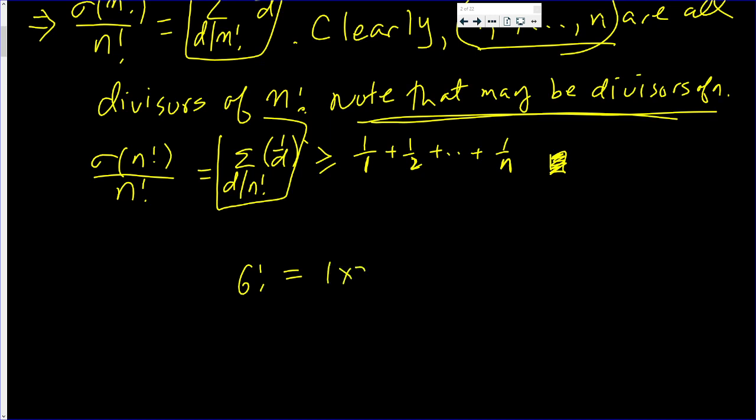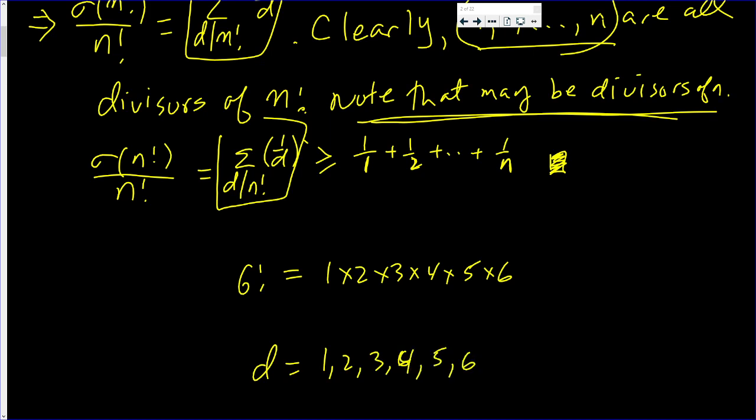6 factorial is 1 times 2 times 3 times 4 times 5 times 6. Clearly, those first 6 integers are divisors of 6 factorial. Absolutely. 1 goes in there, cancels out the 1. 2 goes in there, cancels out the 2.